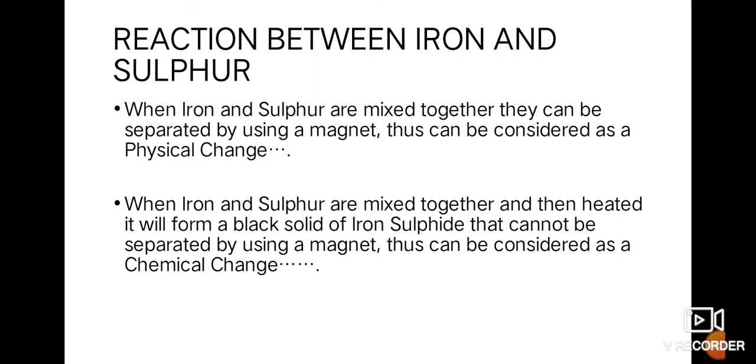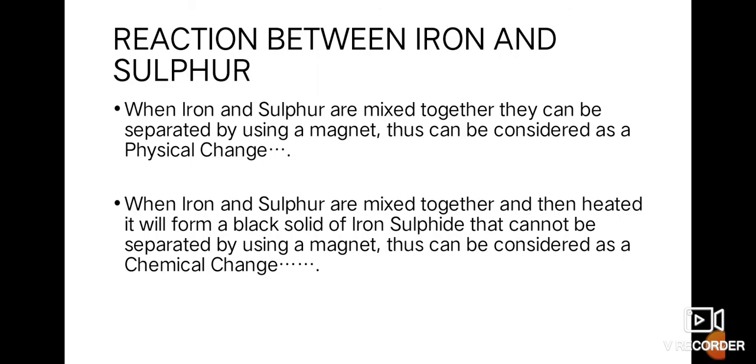They are just physically combined to form a mixture. Since you can get back the original substance by using a magnet that will attract the pieces of iron, we can consider it to be a physical change.